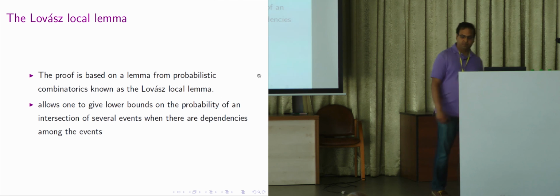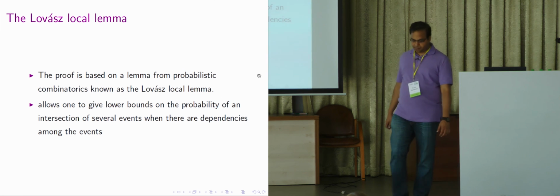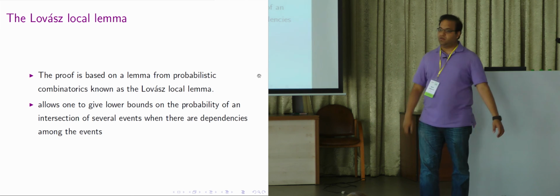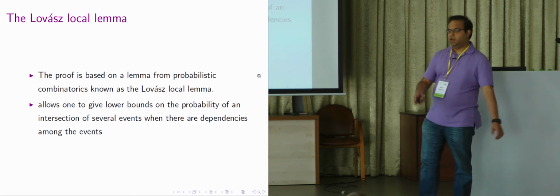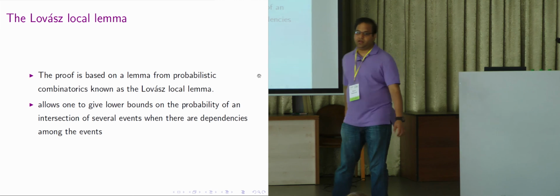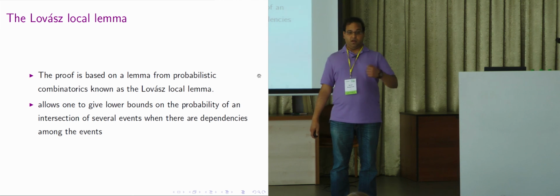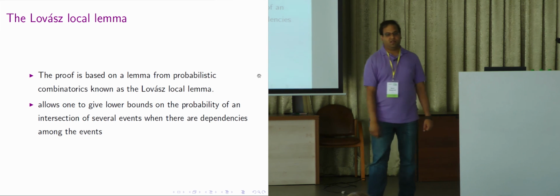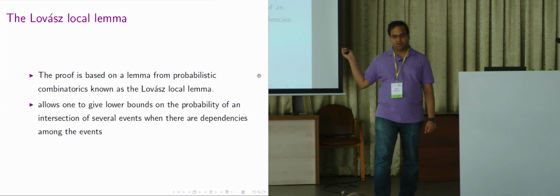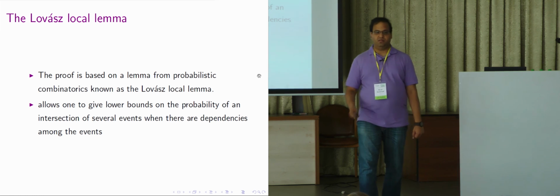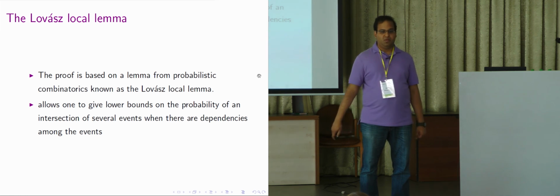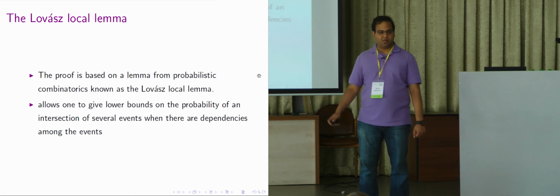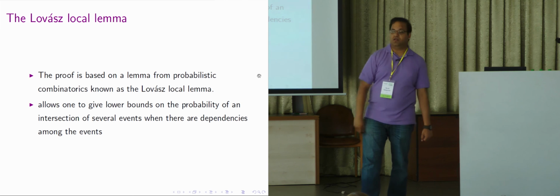And it was proved using a technique from probabilistic combinatorics called the Lovász local lemma. And Arseny told me that in a previous school here there was a series of lectures given on this Lovász local lemma, and that many of you probably were also at that school, so you should remember something about this Lovász local lemma.